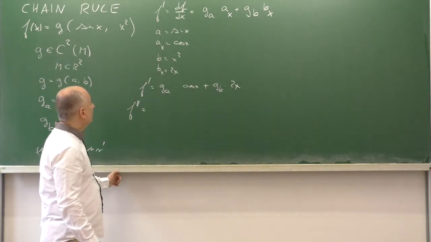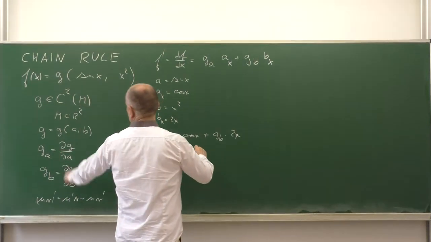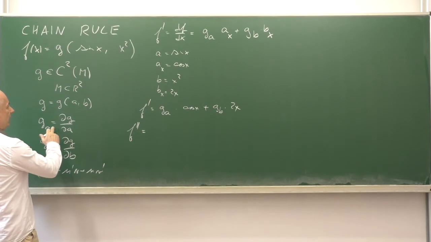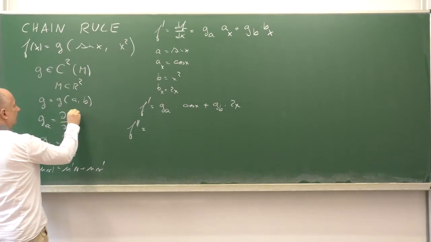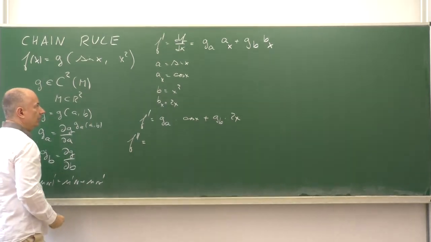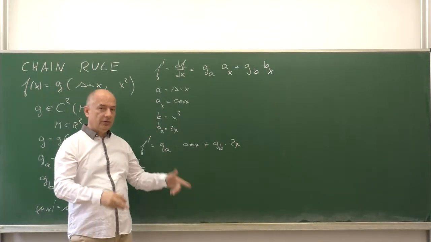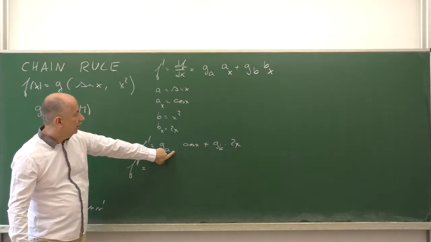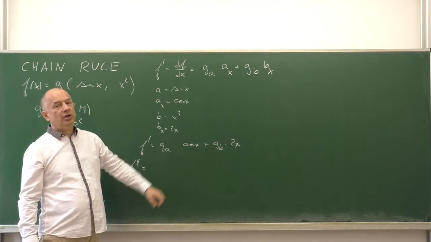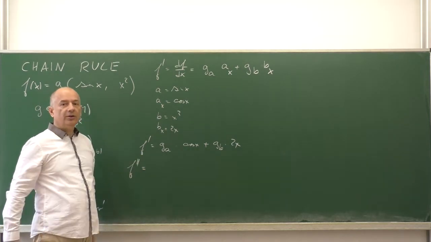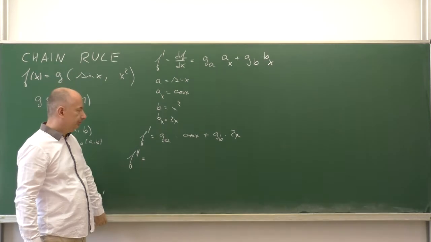But as g was a function of two variables a, b, so is ga. Ga is again a function of a and b, and each of them being a function of x. So to differentiate ga, we need the same chain rule as we used a few seconds ago to differentiate g alone.